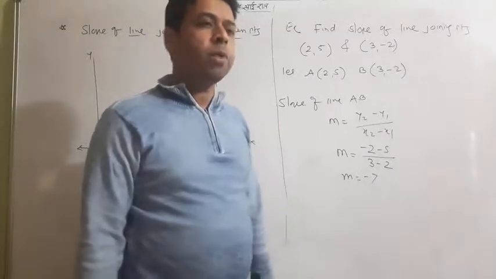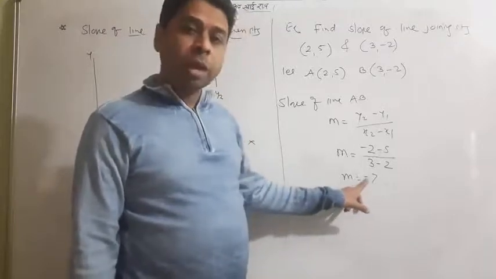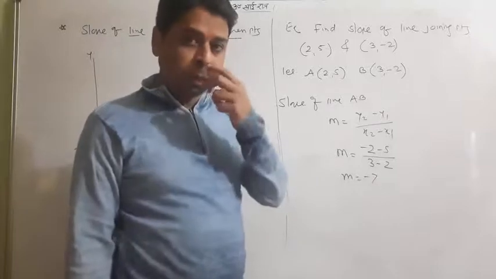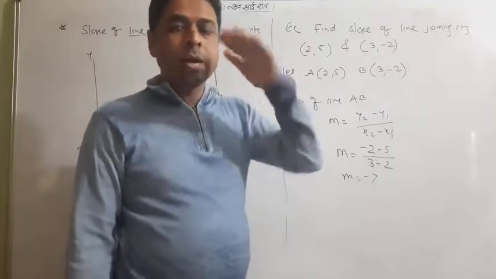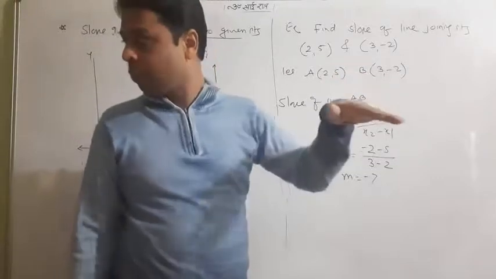Right now a thing is coming to my mind: m may be negative, m may be positive, m may be 0 also. I taught you the concept that when m is equal to 0, the line is parallel to the x-axis. Then theta will be 0, m will be 0.